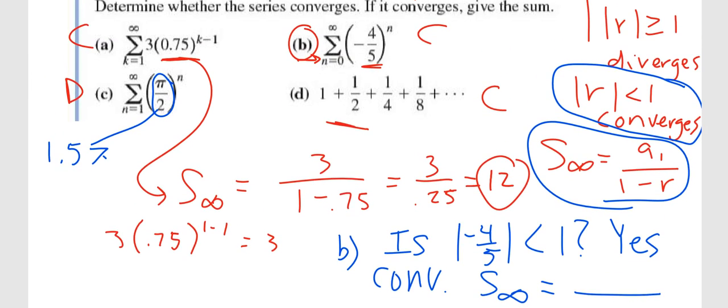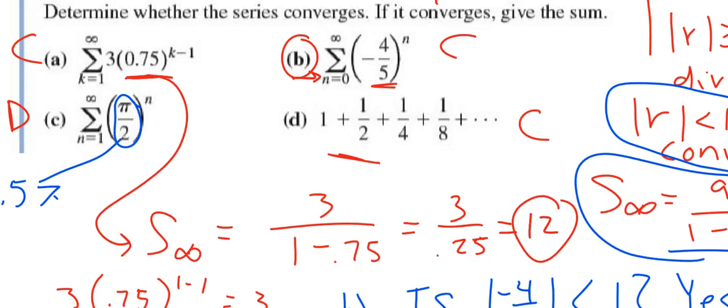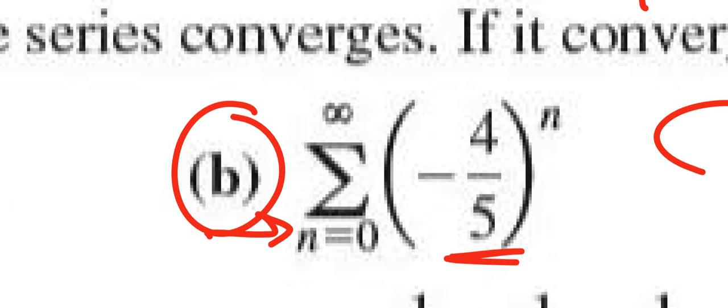Now, I will not try to trick you like what I see in letter B here. What do you plug in first to find the first term? Normally, we would want to plug in a 1, right? That makes a whole lot of sense. If you want the first term, you plug in a 1. But that's not what this thing says.